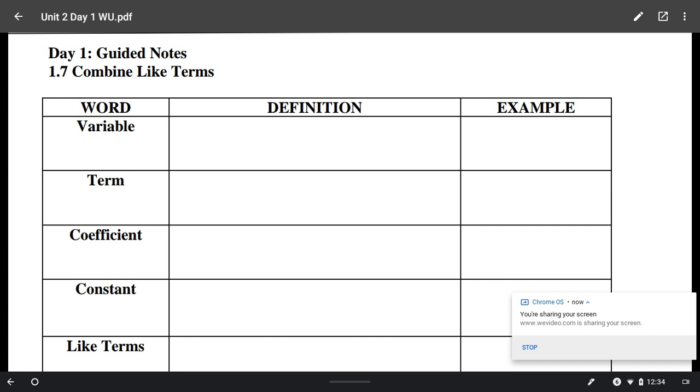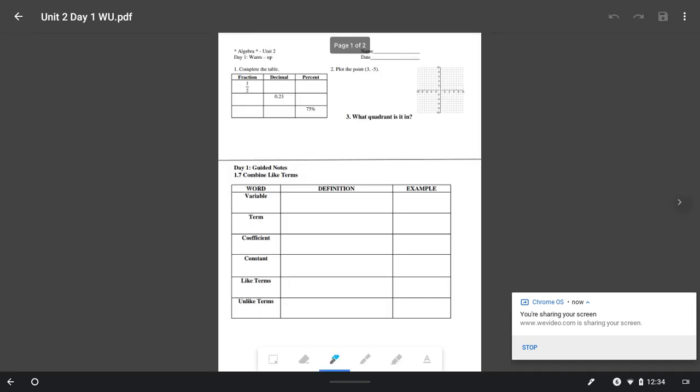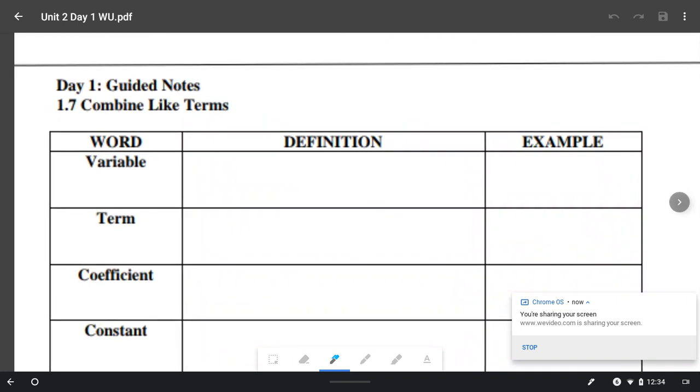We're going to start with some definitions for the current unit. The first definition is a variable, and that is just a letter that represents a value.